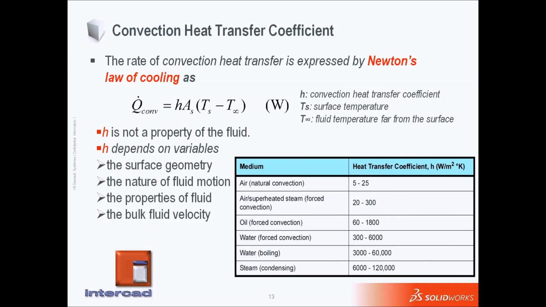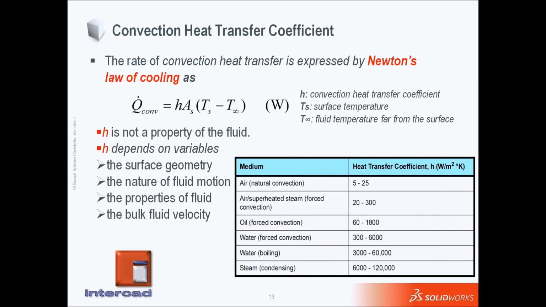A very important note: in contrast with K, H is not a property of the fluid. It really depends on the surface geometry, the nature of the fluid motion, the properties of the fluid, and the bulk fluid velocity.